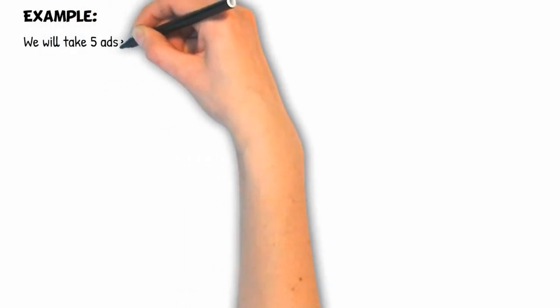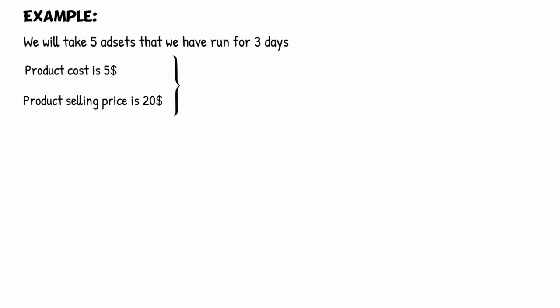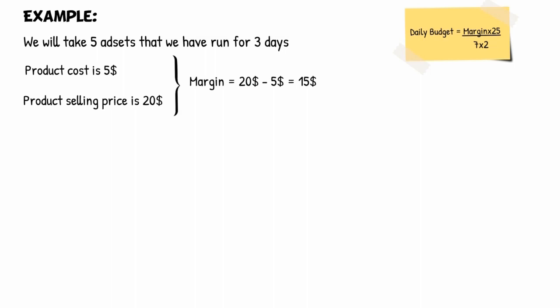Let's take an example to analyze it together. We will take 5 different ad sets that we have run for 3 days. The product cost is $5 and we are selling it at $20. So the margin is $15. Let's calculate our daily budget by applying the rule I have taught you in a previous lecture.